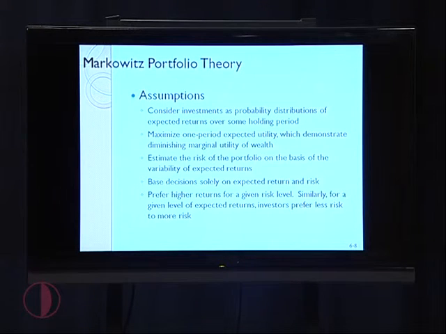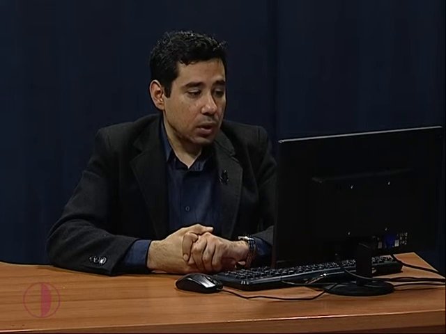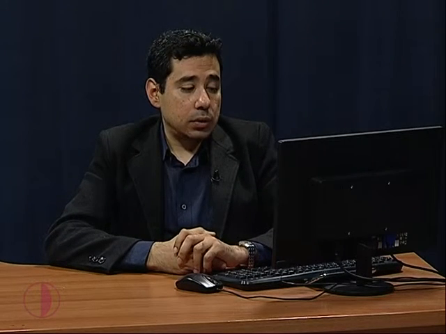But at the same time, the investor prefers a high return for a given risk level to maximize his investments. So he is interested in maximizing the return while receiving less risk rather than more risk.